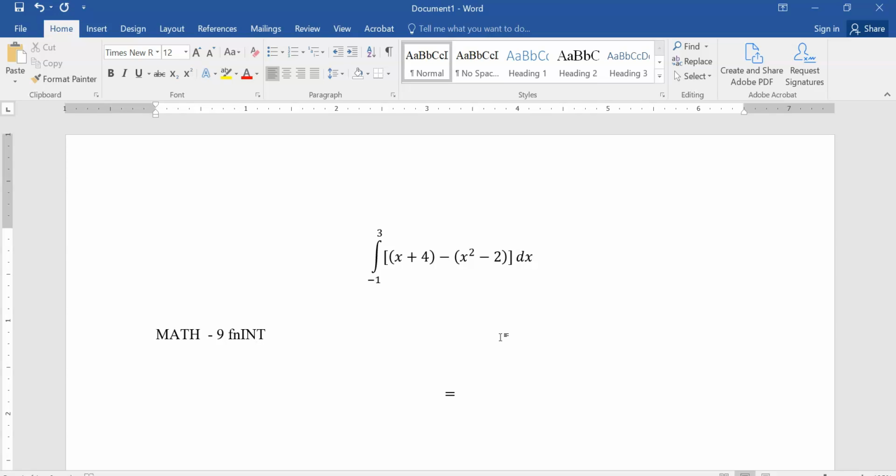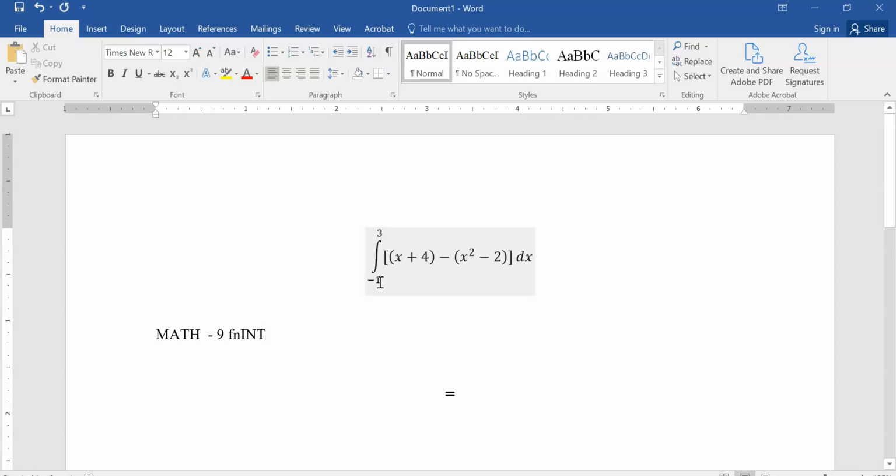All right, so math 9 FNINT, and that brings up on my calculator, because I have math print on it, something that looks like this. It looks like an integral sign and then some blank stuff and then the d and then a blank.